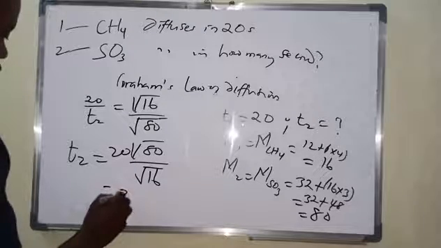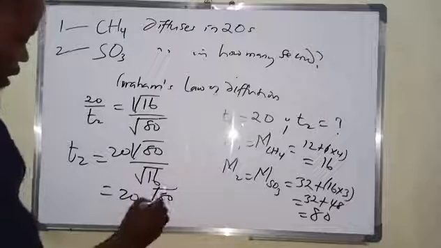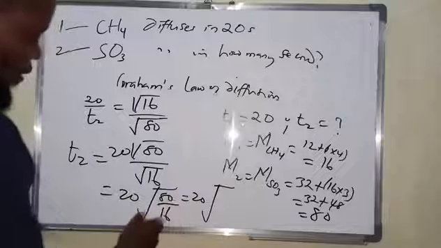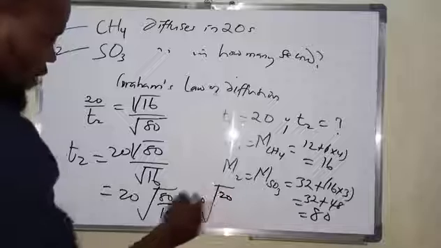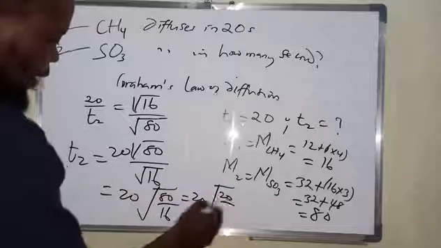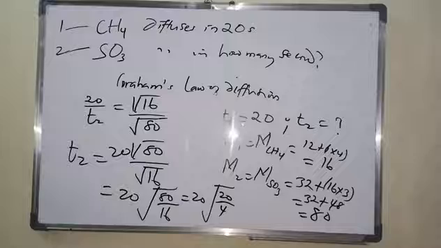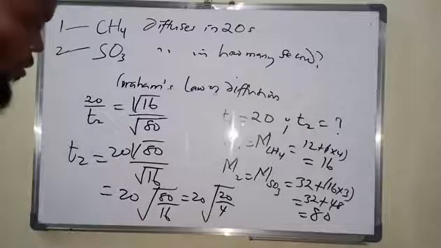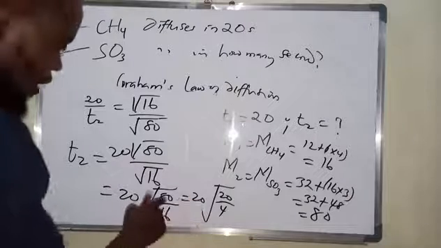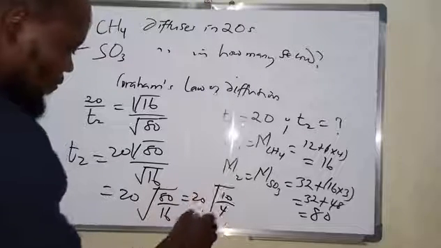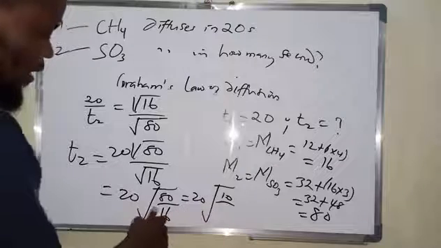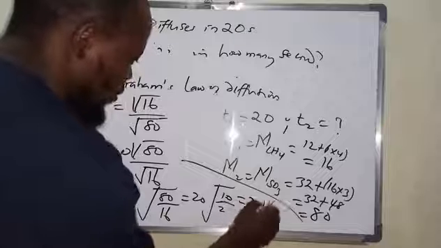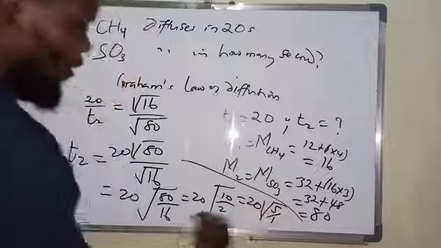We'll put everything here: 4 here is 20, 4 here is 4, 4 times 16 is 4. Then we can go straight to say 8 here is 10, and 8 here is 2, which means this will still go to 25 all over 1, or just 20 root 5.